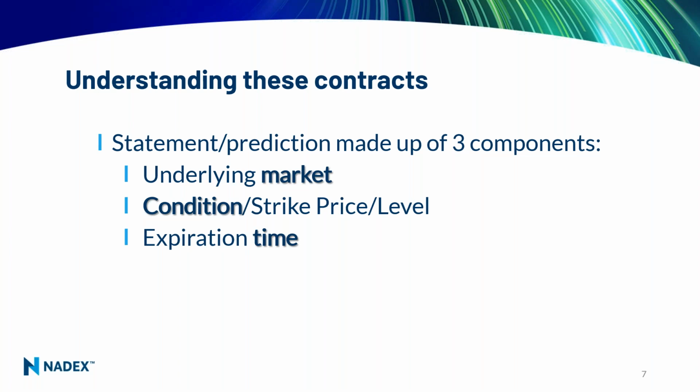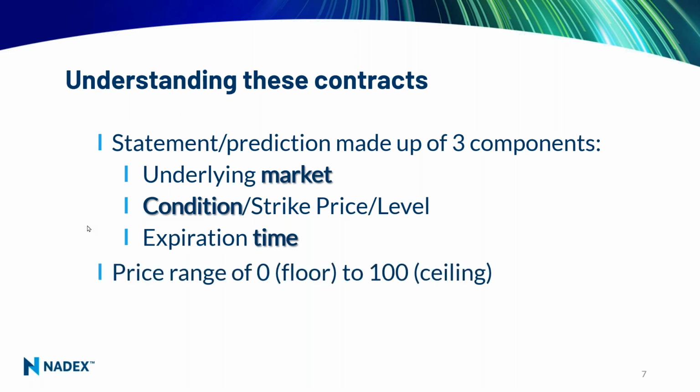So that is what makes up binary options, or event contracts, or prediction markets, whatever you want to call them. There's a market, there's a condition, and there's a time frame. Now, on binary options at Nadex, they will trade. There's going to be a number that you're looking at, and it will trade between 0 and 100.